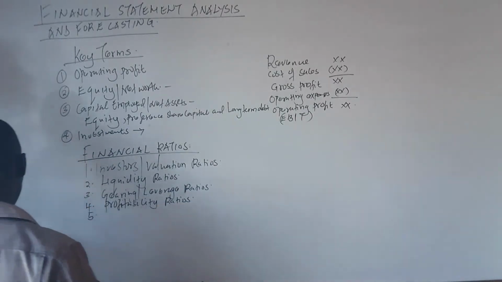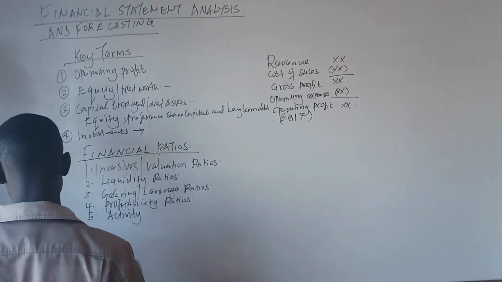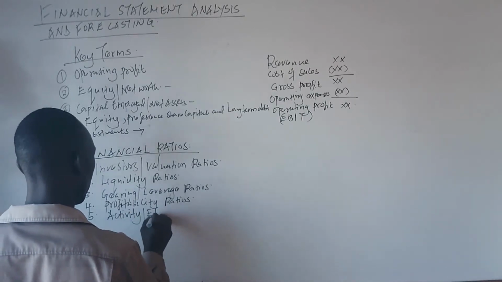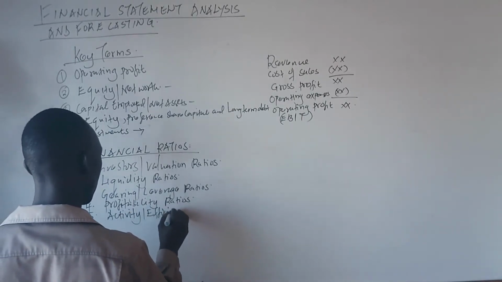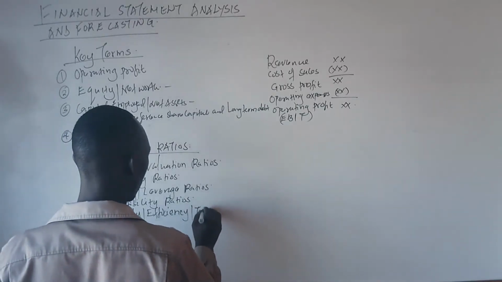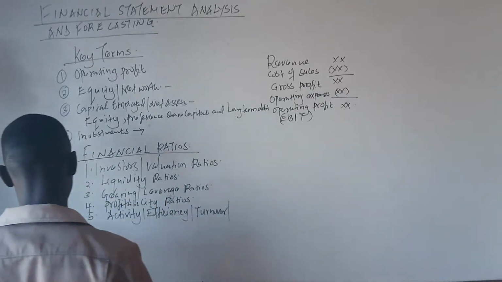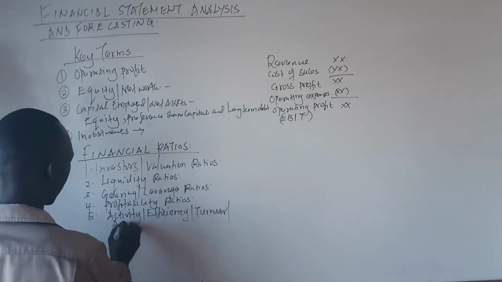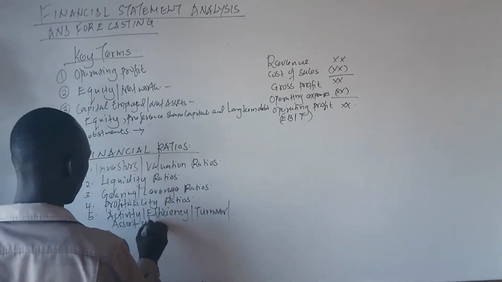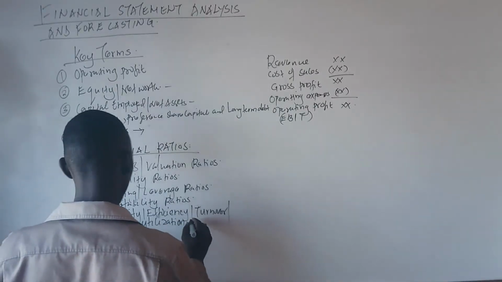Number five, activity or efficiency ratios, sometimes called turnover, or asset utilization ratios.